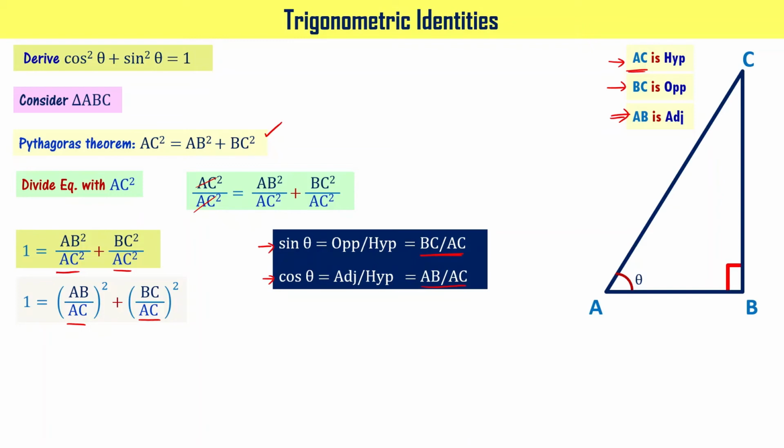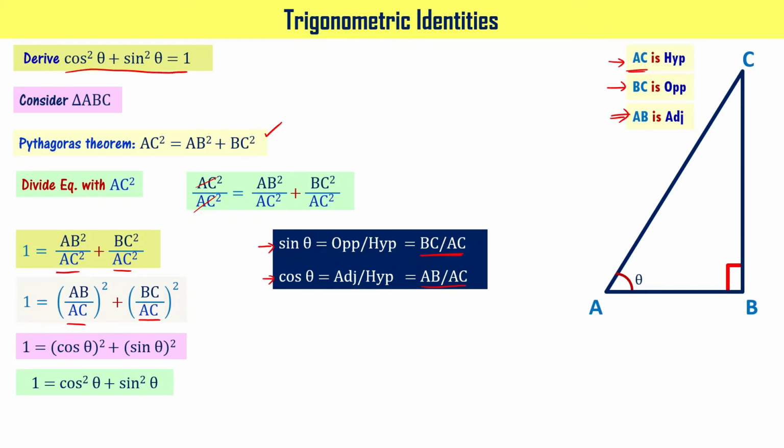Let's substitute. So I can write the equation as 1 equal to cos theta whole square plus sine theta whole square. We know that cos theta whole square can be written as cos square theta and sine theta whole square can be written as sine square theta, right? So the equation can now be written as 1 equal to cos square theta plus sine square theta. This is what we wanted to derive, right?